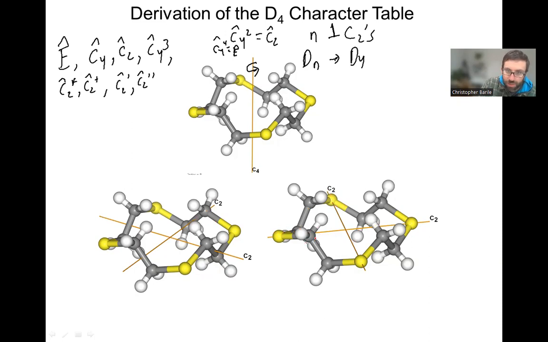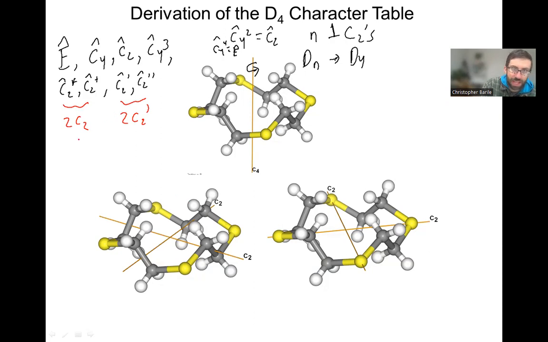So they're going to be doing very different things in terms of the rotation. But these are similar. These 2 that are cutting through the sulfur are going to be in their own class. So we'll call that C2 prime. And these 2 are going to be in their own class. So we'll call that C2 double prime.